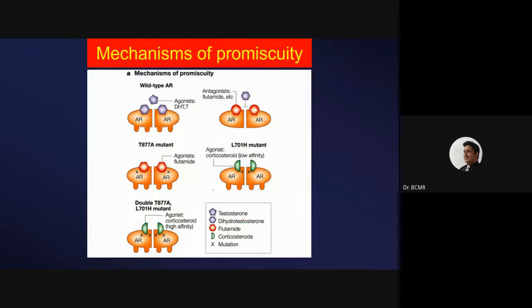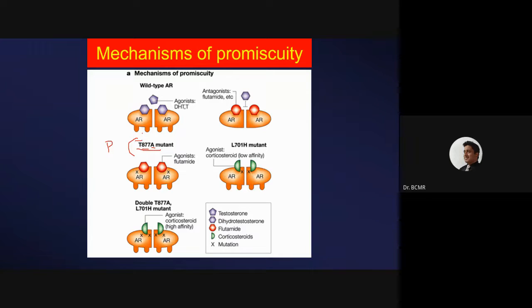So there are some mutations like this. T is substituted by A. Can you recall if it is transition or transversion? Okay, it is at the level of protein, not at the level of DNA.